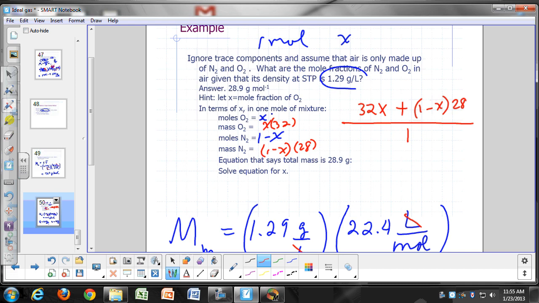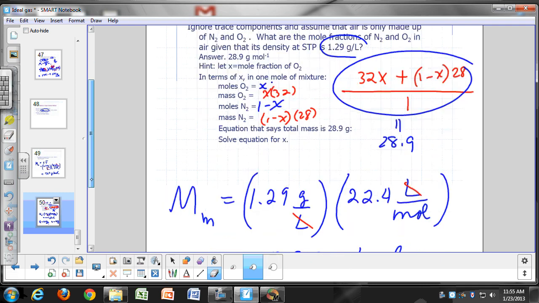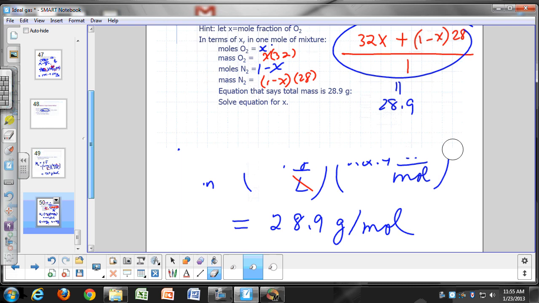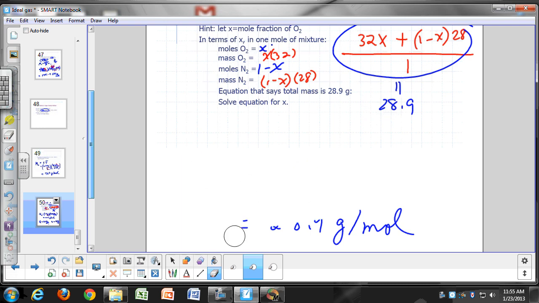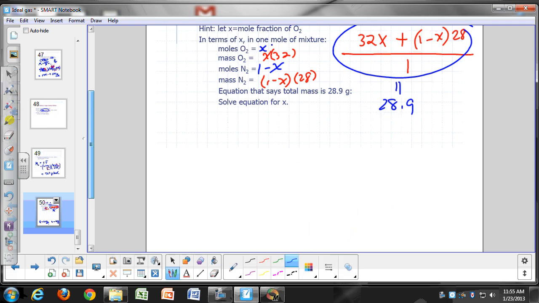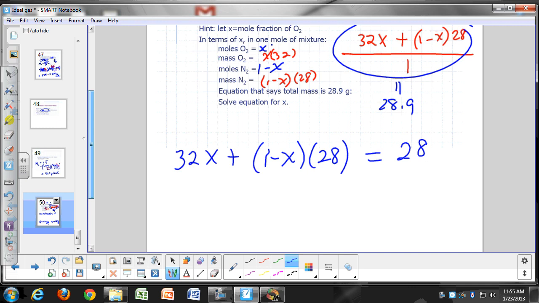Now, what's that equal to? Total mass divided by total moles? The average molar mass. So this thing right here is equal to 28.9. Okay? So if that's the case, we just solve for X. So you have 32X plus 1 minus X times 28 is equal to 28.9.